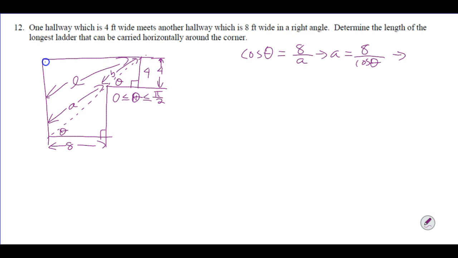And I do not want to have quotients in here when I start taking derivatives. So this is 8 secant theta, which leads to A is equal to 8 secant theta.